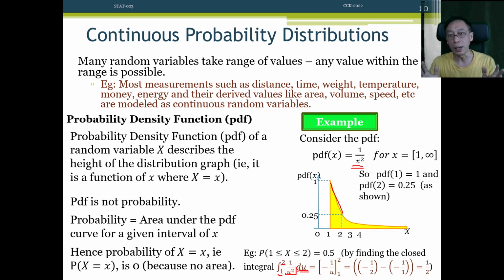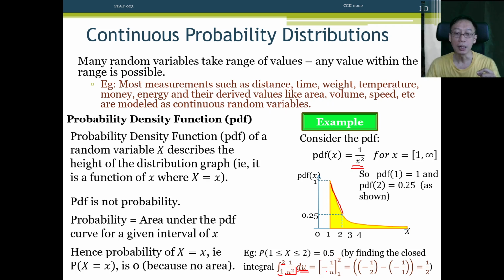What you do have to know, however, is that when you have a PDF, and in that case you have a continuous probability distribution, and you need to find the probability, you must know that you have to integrate the area under the curve.